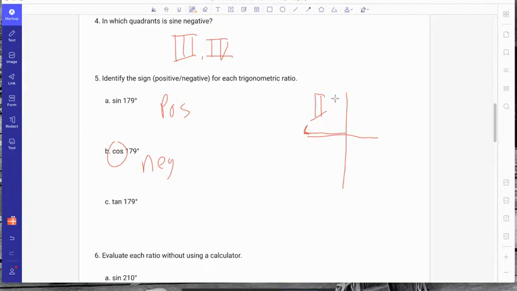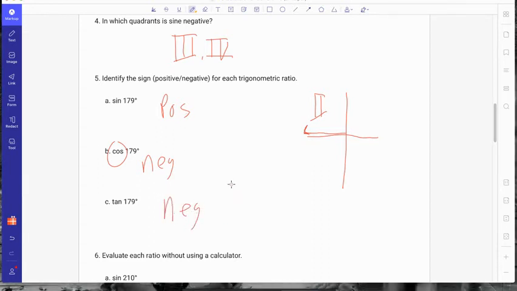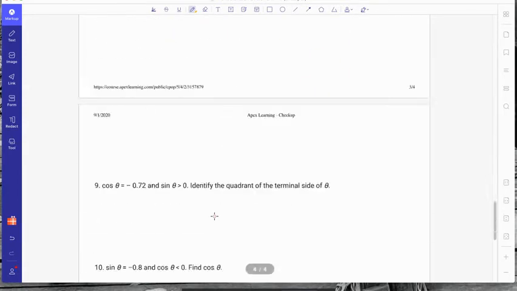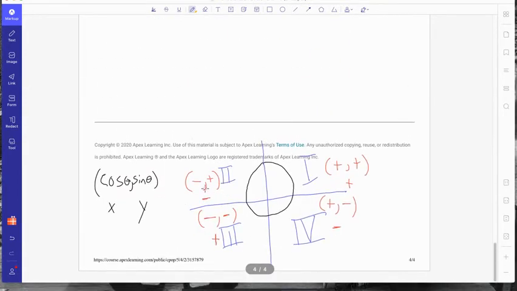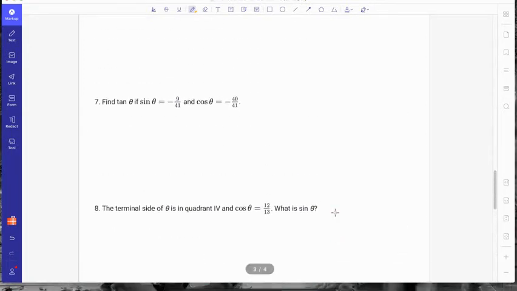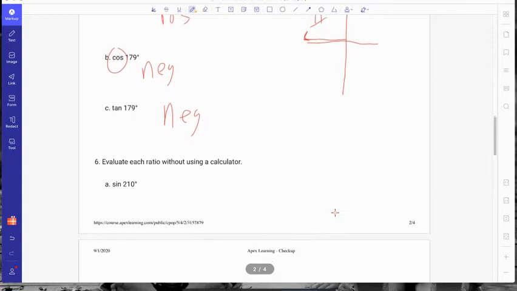My y is positive, and then my tangent, since it's a combination of these, will have to be negative, because one negative, one positive means we're going to be left with a negative. Third quadrant, if we had a third quadrant one, it would be negative, negative, positive. So whatever I have written down here, where cosine is x, sine is y, it just follows the x's and the y's. It's not a big deal.